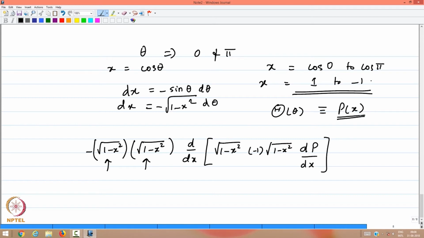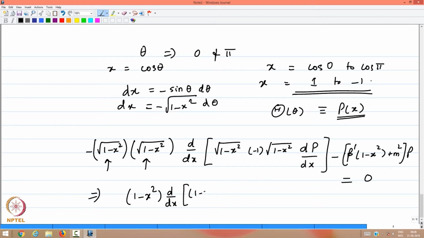So, the function that we are looking at is the function P of x, and then the remaining term, minus beta prime into sin square theta, which is 1 minus x square, and then you have m square multiplied by P. This is equal to 0, which if you simplify becomes the well known equation: 1 minus x square d by dx of 1 minus x square dP by dx minus beta times 1 minus x square plus m square P is equal to 0.